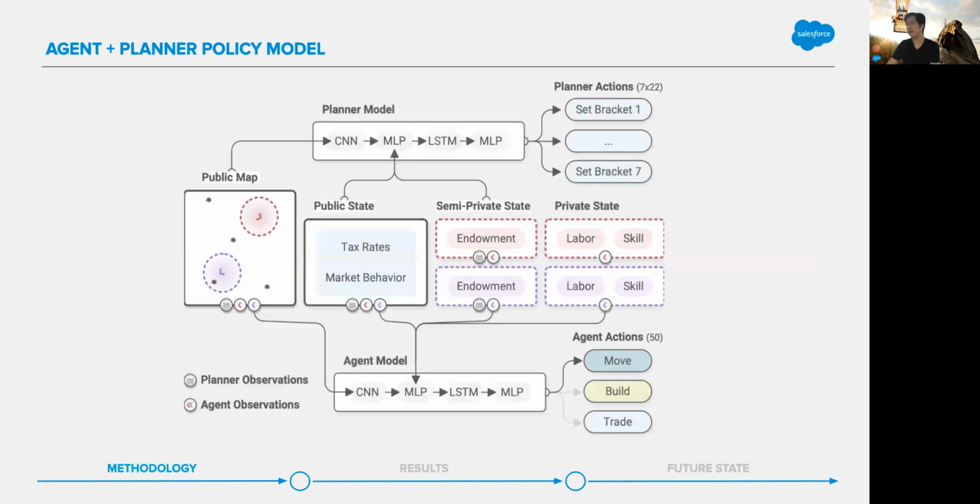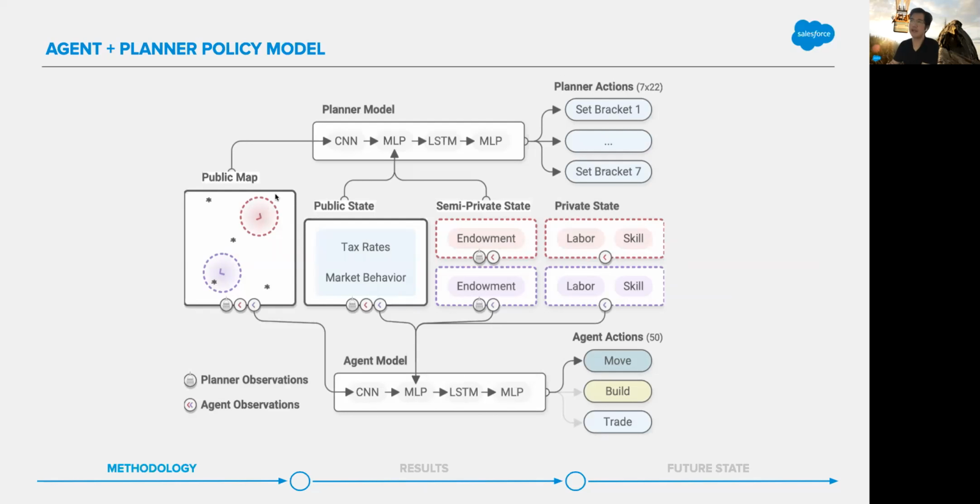So here's our model that's going to predict these tax rates. This diagram shows you what the flow of information is in our economic simulation. This is a quite complicated graph, so let me try to unpack this. In the middle, you can see all the different types of state information that exists in this world. On the left, you can see that there's a spatial geometry that every agent can see, or at least a part of it.